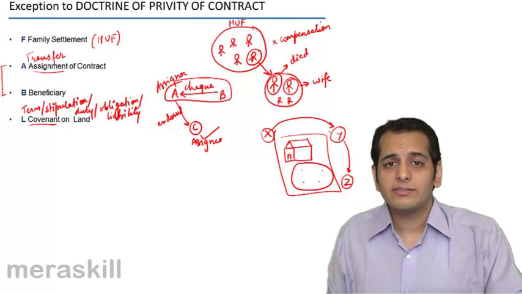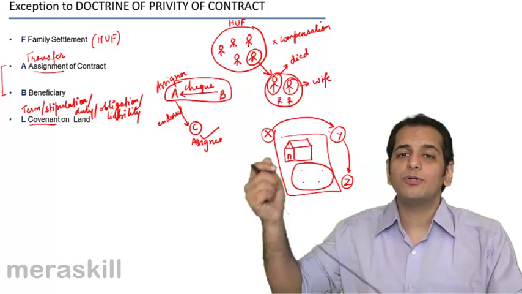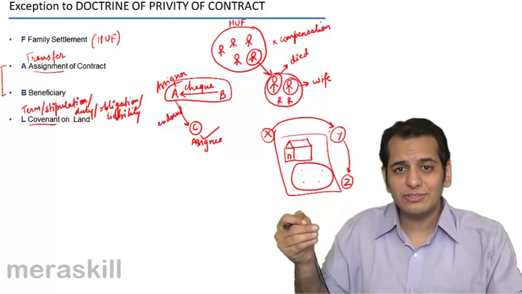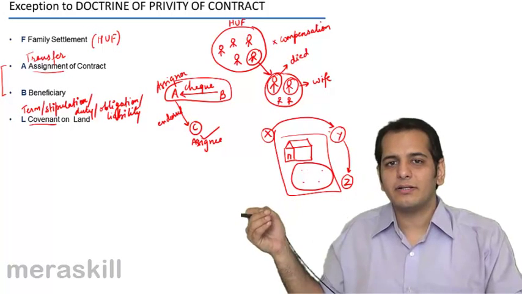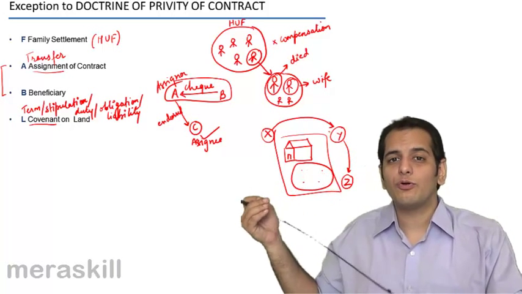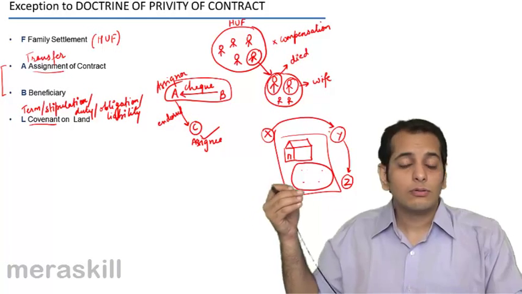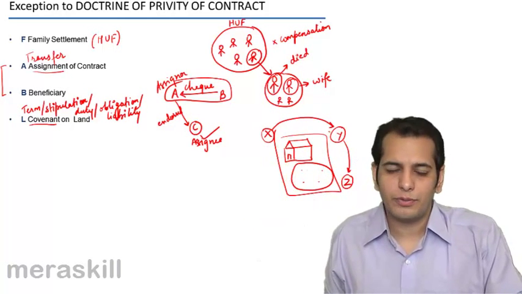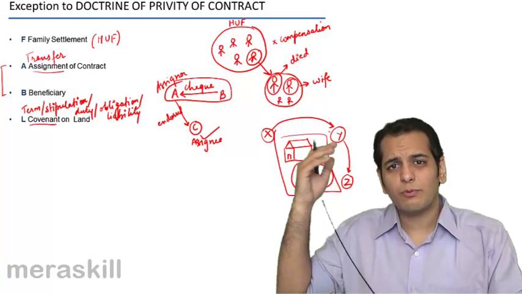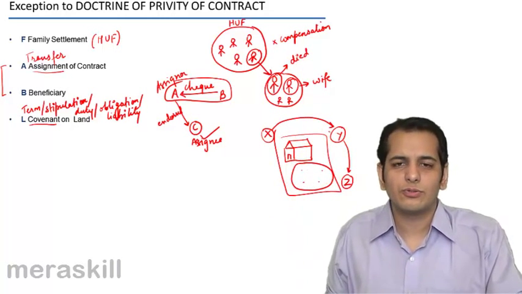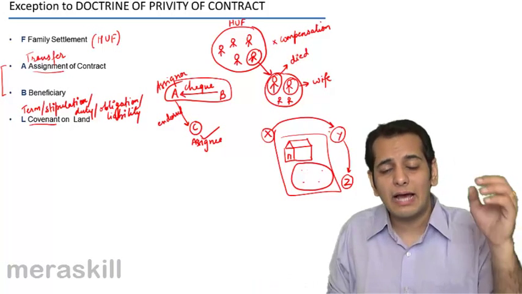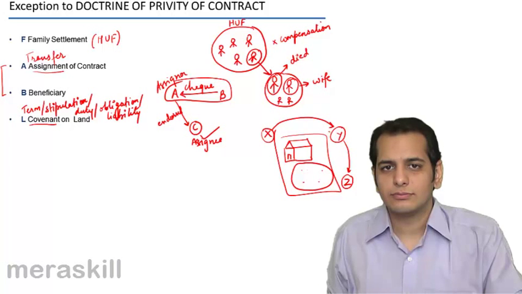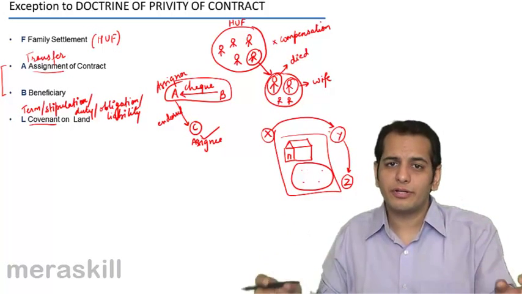On this, X said, I had originally put this condition when I sold the property. So this condition has to be followed, whoever is the owner or the next owner of the property. Whoever is the prospective or the coming owner of the property will have to abide by this condition. Now both have their contentions.